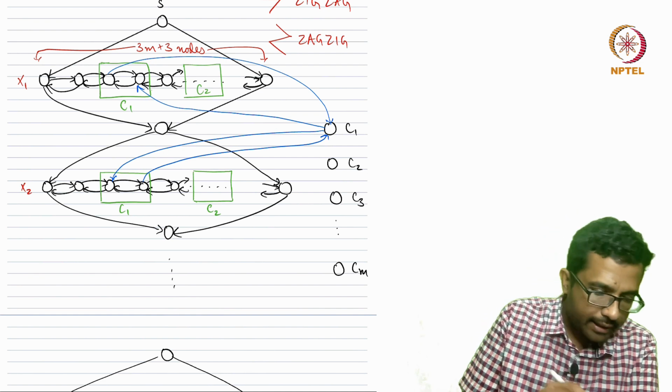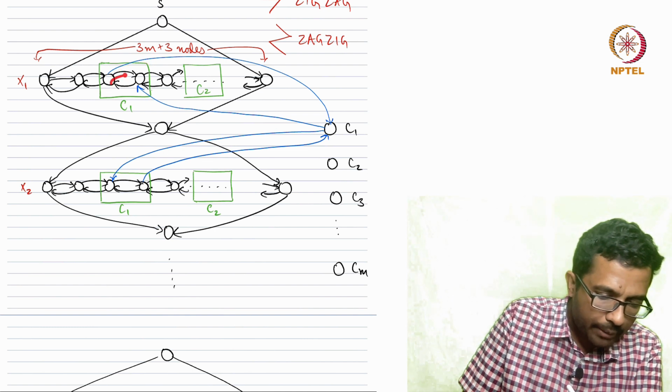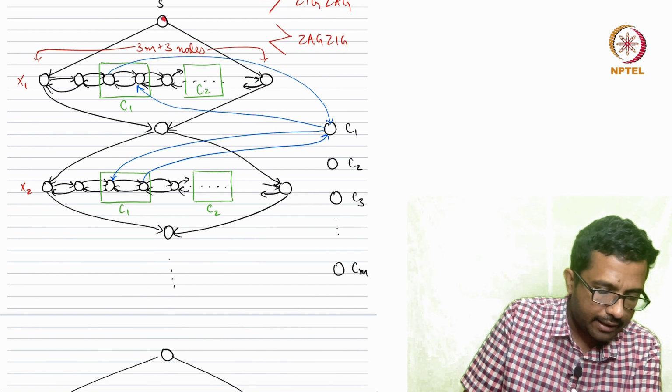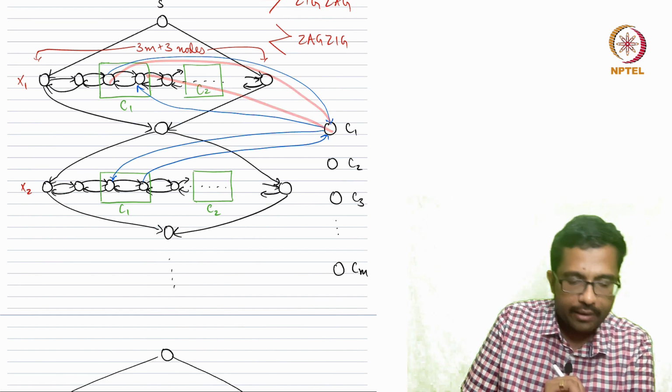So zigzagging means I can cover the clauses where x1 appears, and that is the way we have marked the clause.